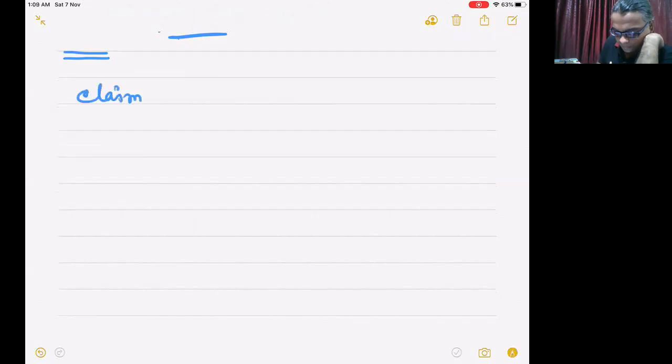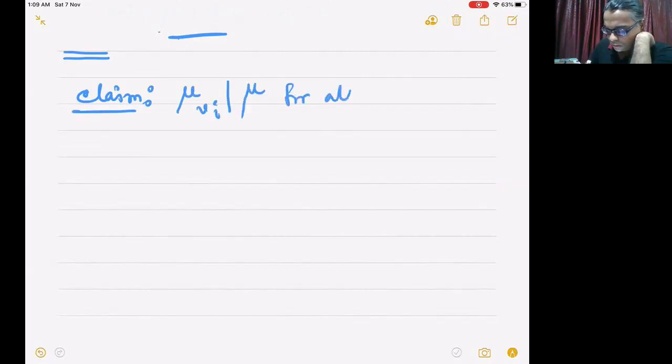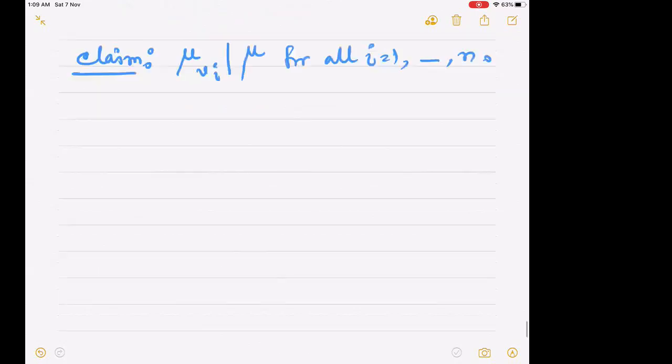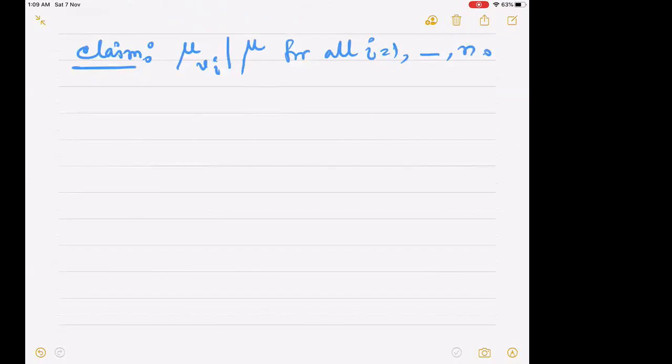Claim is that mu vi must divide mu for all i from 1 to n, right? Now why is that so? Once again the trick would be proof by contradiction. Suppose not, then what does that mean?